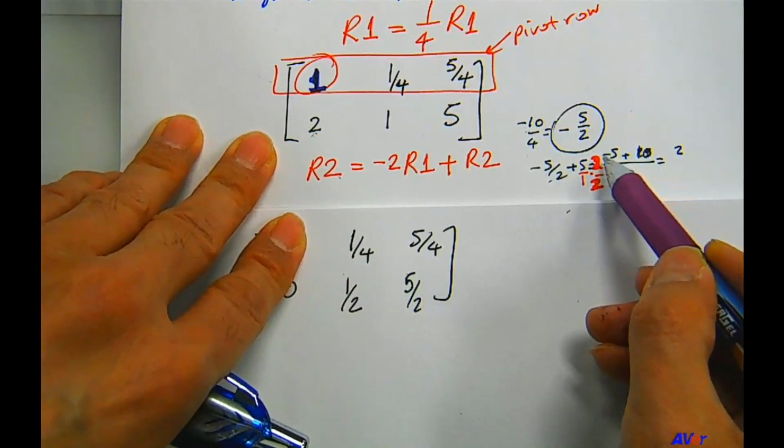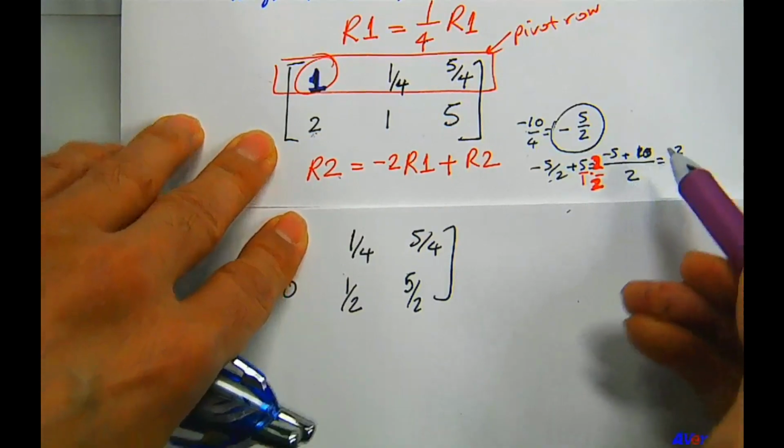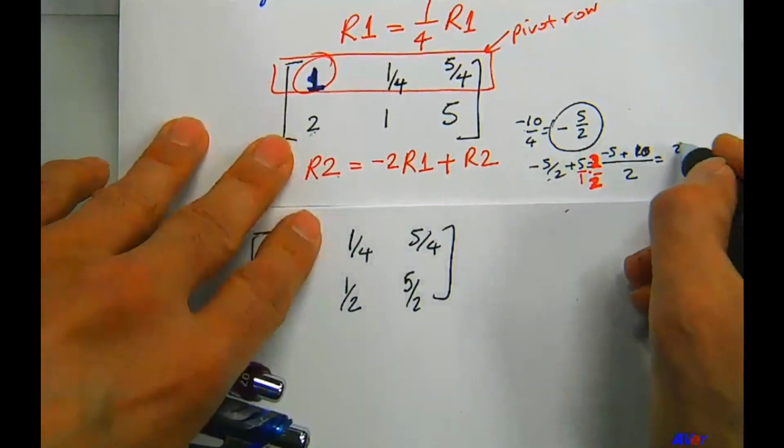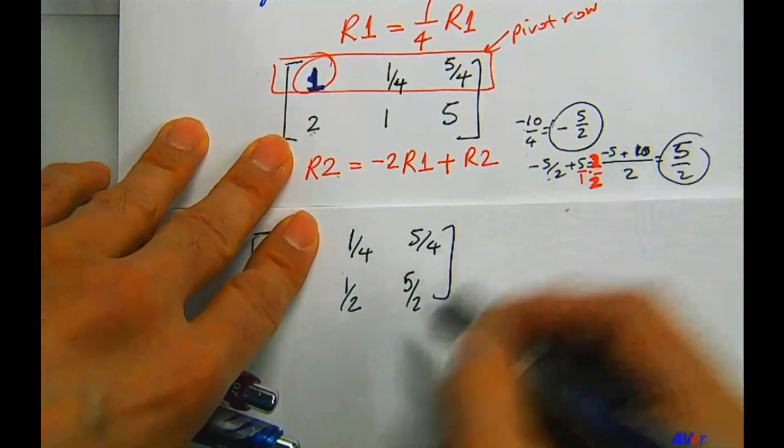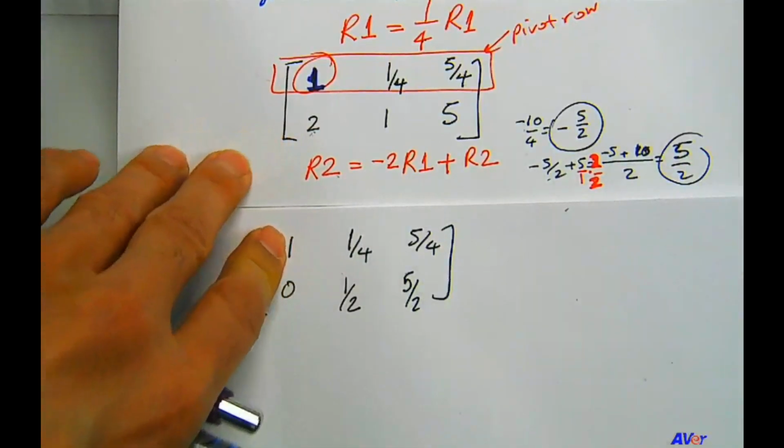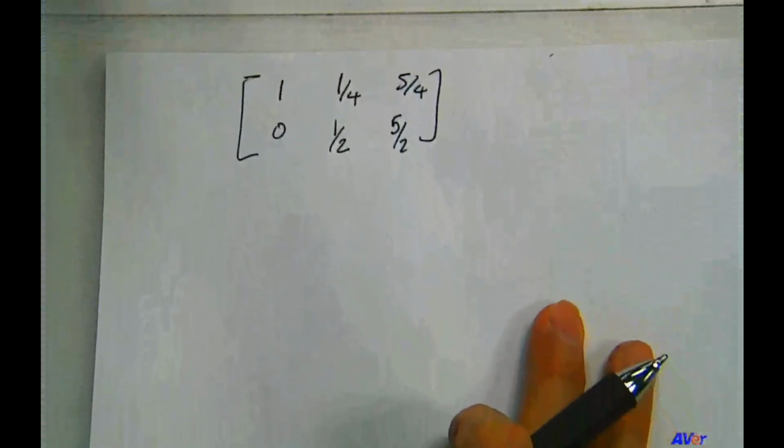So we get minus 5 plus 10 over 2, which is 5 over 2, the same thing as here. Okay, so now we have this matrix.